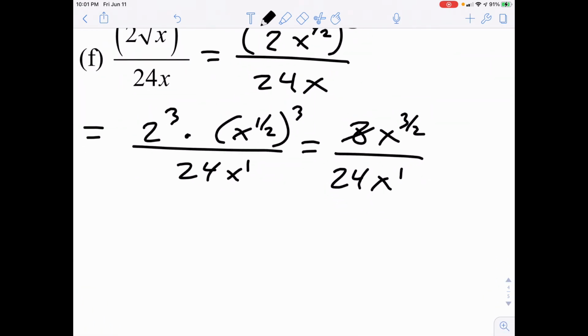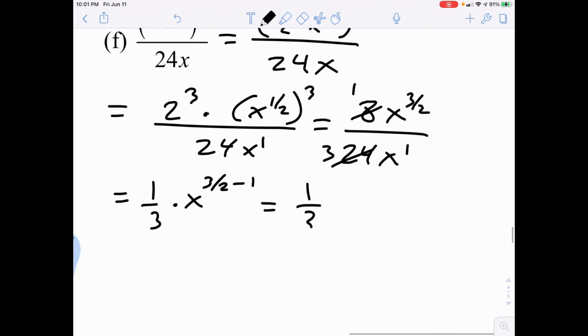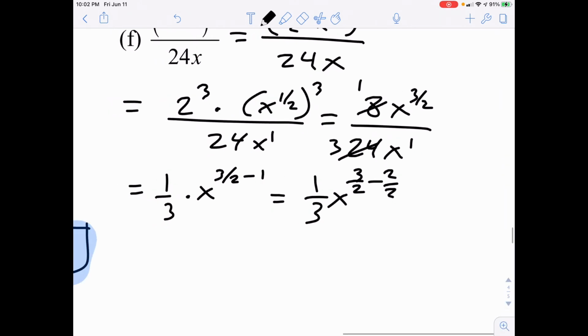Now 8 goes into 8 one time, 8 goes into 24 3 times, and so we get 1/3 times x to the 3/2 minus 1. Well, that's the same as 1/3 times x to the 3/2 minus 2/2. 2 divided by 2 is 1. We need a common denominator, which is the same as 1/3 times x to the 1/2 power.